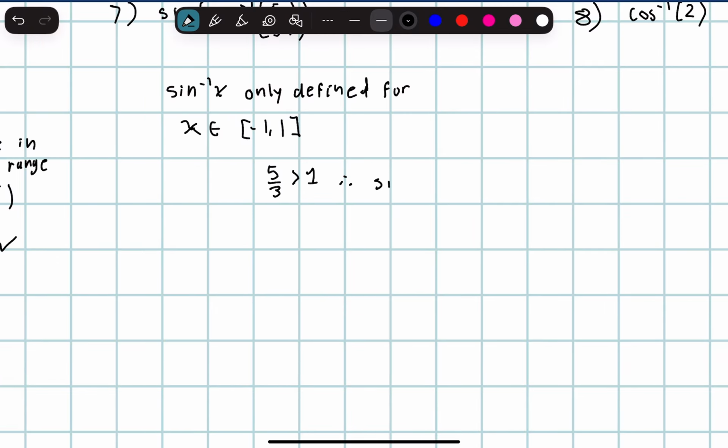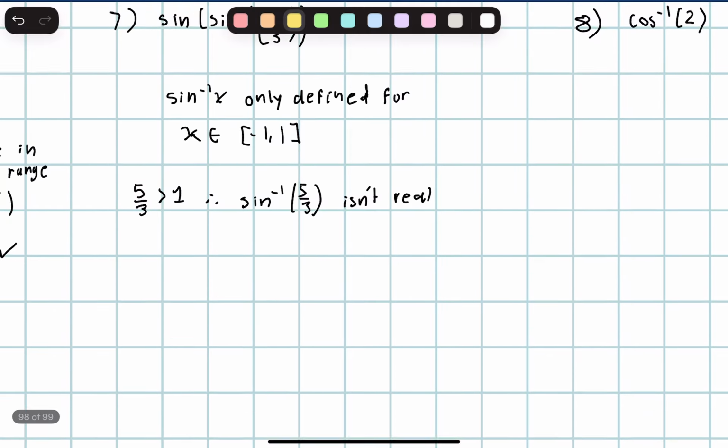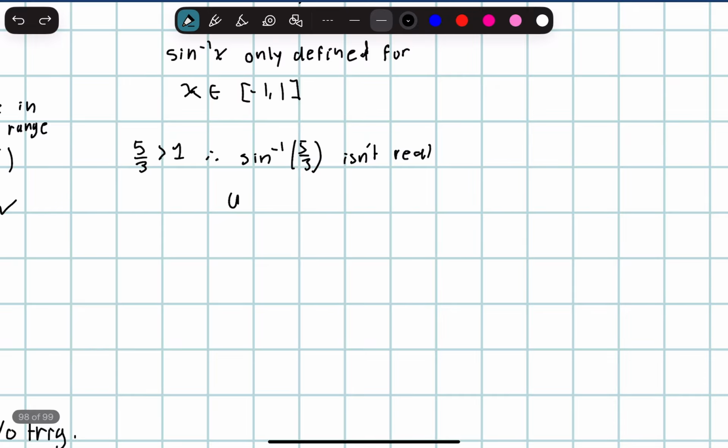Therefore, sine negative 1 of 5 over 3 isn't going to be real. So therefore, this is going to be undefined.